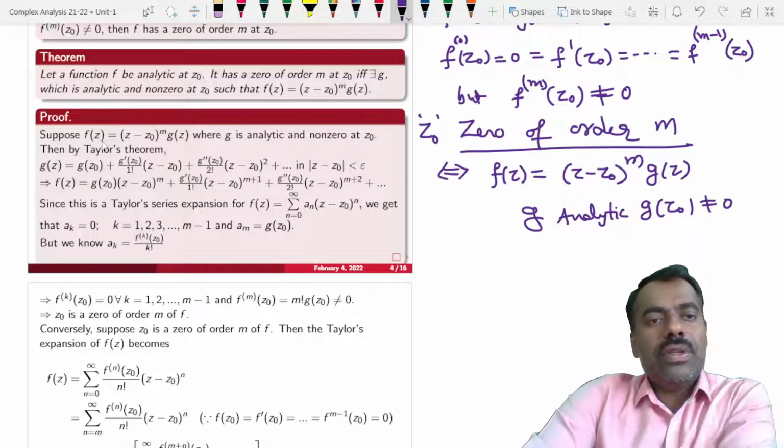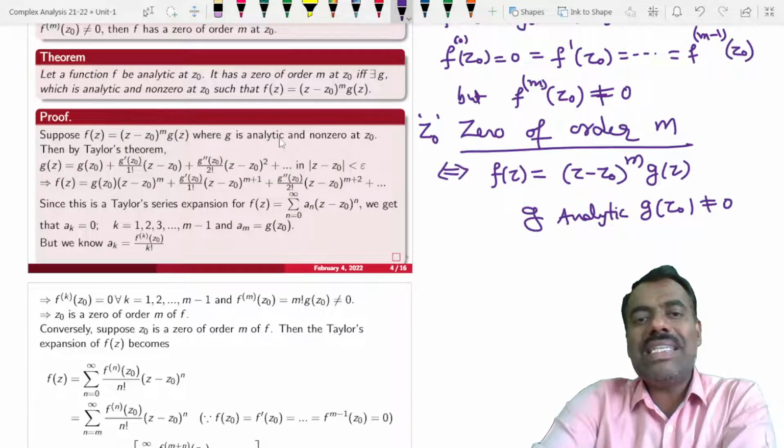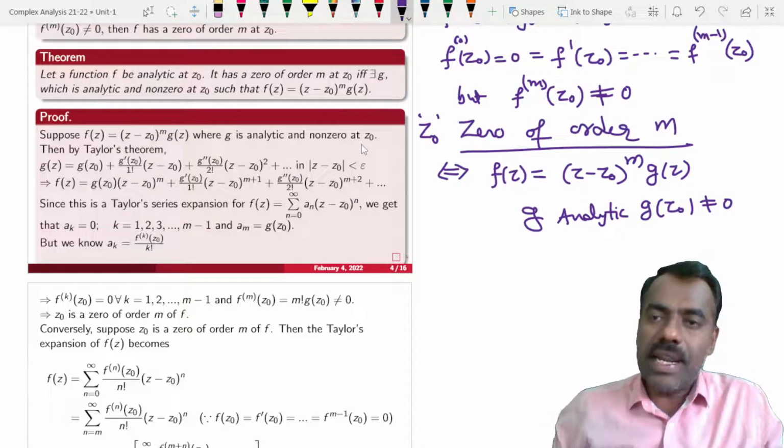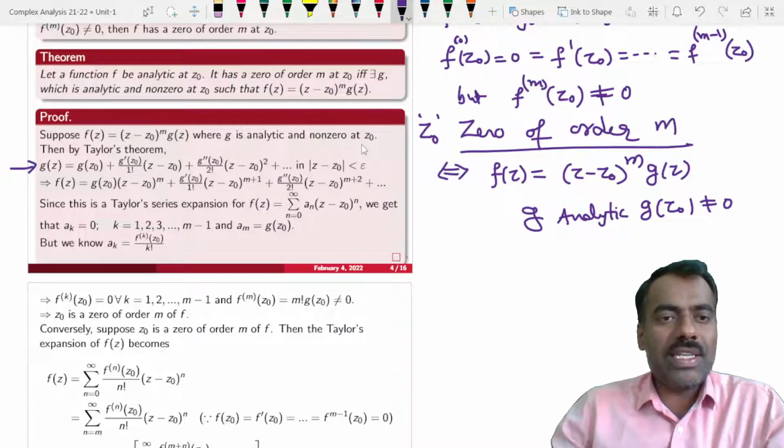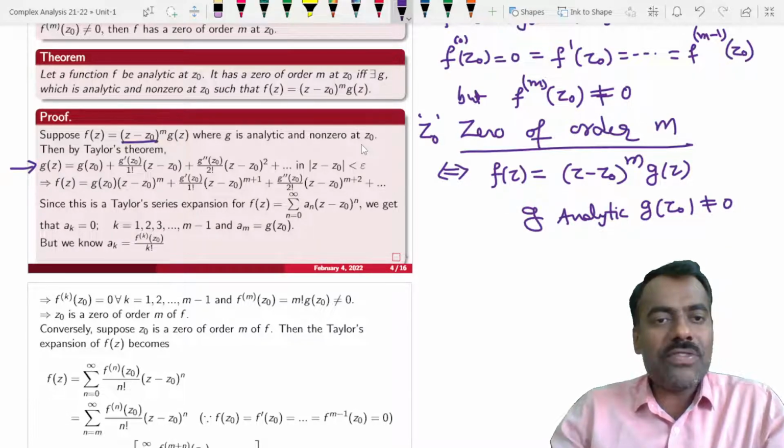Because g is analytic at z naught, we have a Taylor series representation, so write g of z as a Taylor series. Then you multiply this factor (z minus z naught) whole power m to g of z, and you get f of z. You can see here g of z into (z minus z naught) whole power m plus 1 and so on. So this is again a Taylor series.